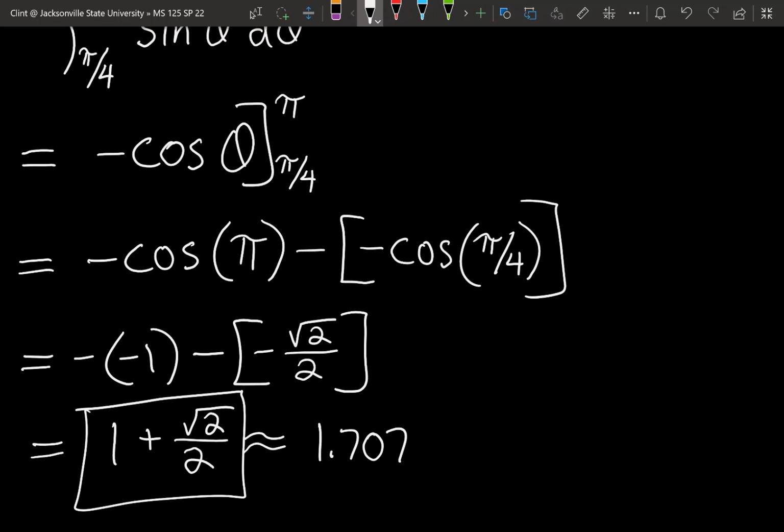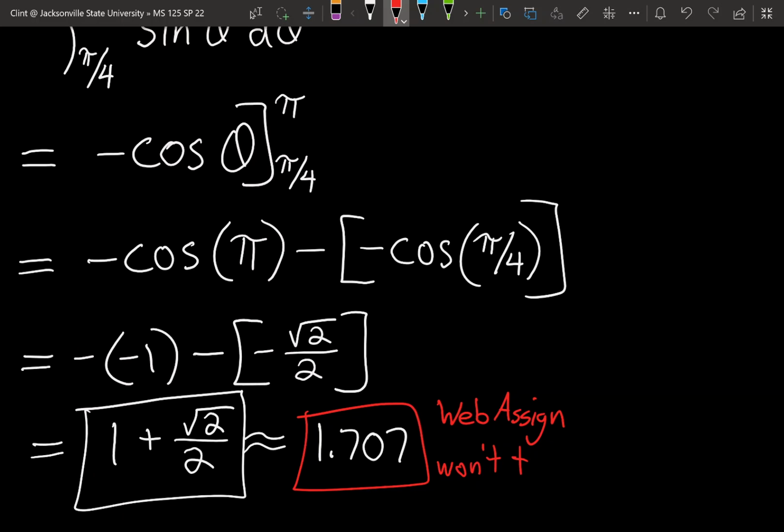Okay, so it's actually not going to take a decimal on those. There are only 2 in the assignment.